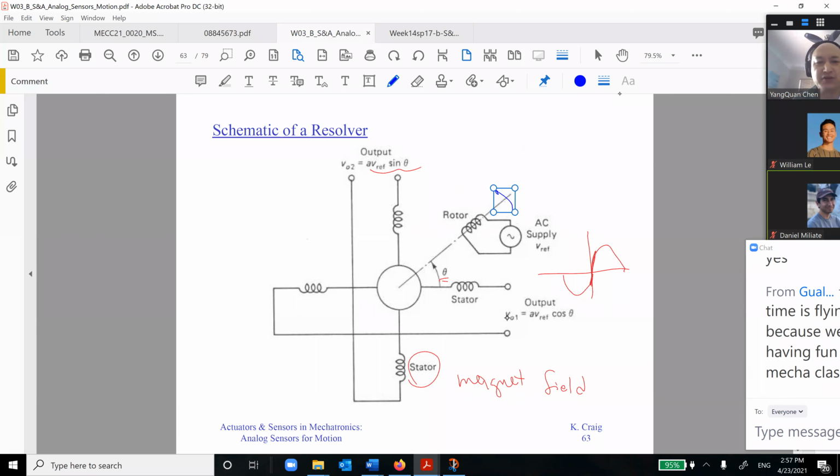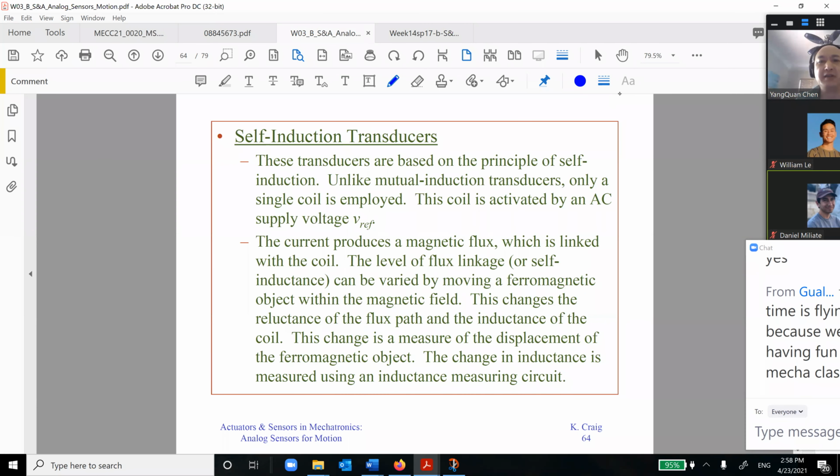Then they will produce a voltage which is cosine theta. And I know that cosine theta is like theta as well. So it's also a linear relationship when theta is small. And so that's for the resolver.